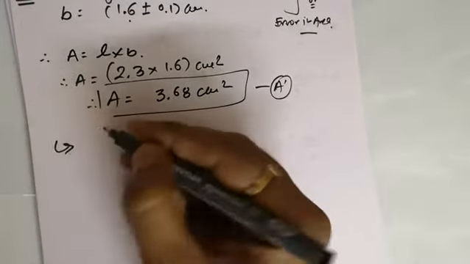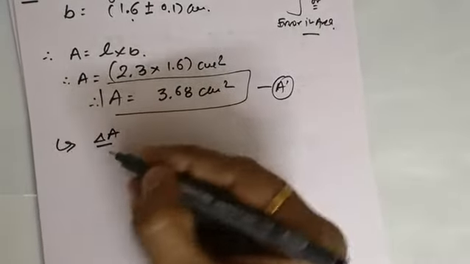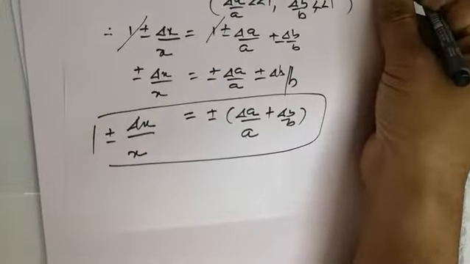Next, I want to find delta A, but my equation is suggesting that I go for delta A by A, because it is the equation.